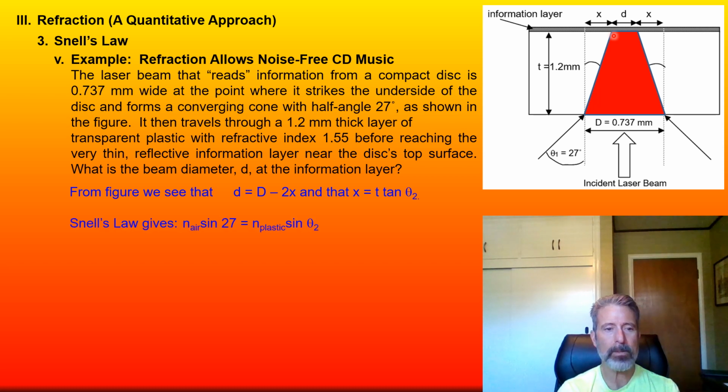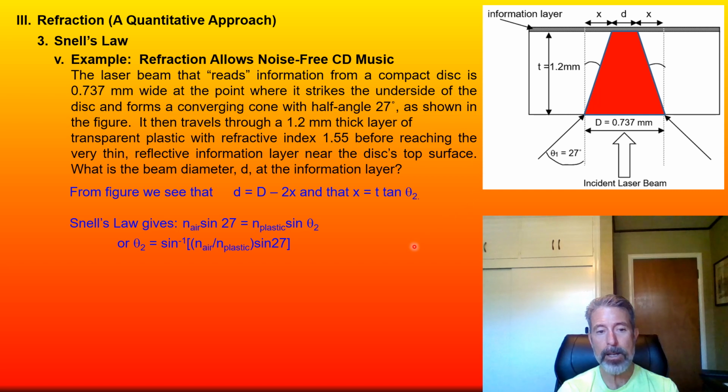So let's apply Snell's law to figure out the angle of refraction. Snell's law tells us that the index of refraction of the incident medium, which is air, times the sine of the angle of incidence, which we're told is 27 degrees, must equal the refractive index of the transmitted medium, which is plastic, times the sine of the angle of refraction, which we are going to try to find.